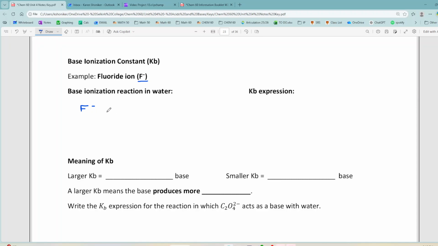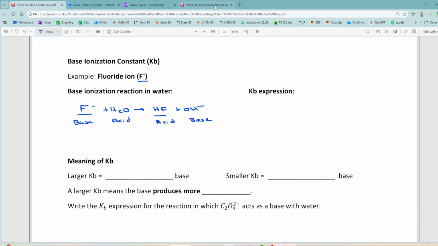But most of these bases you actually have to put in water in order for it to see that it is forming that hydroxide ion and HF, right? So think about the fact that this is the base, this is its conjugate acid, and then you would have hydroxide, which would be the conjugate base of this acid.